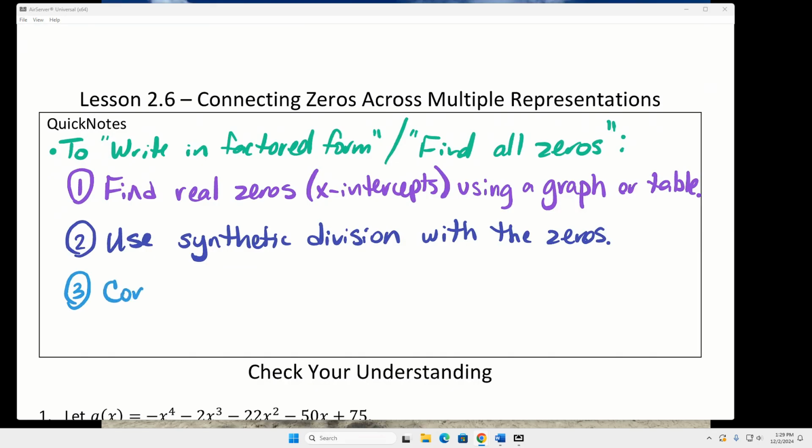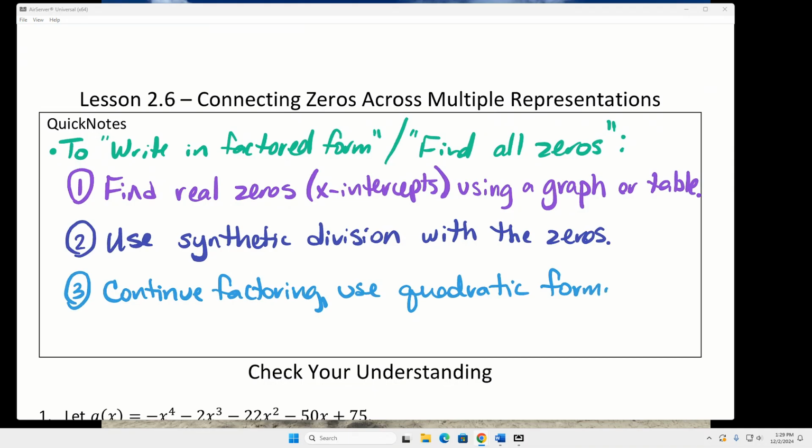We'll either continue factoring, use the quadratic formula, or solve.